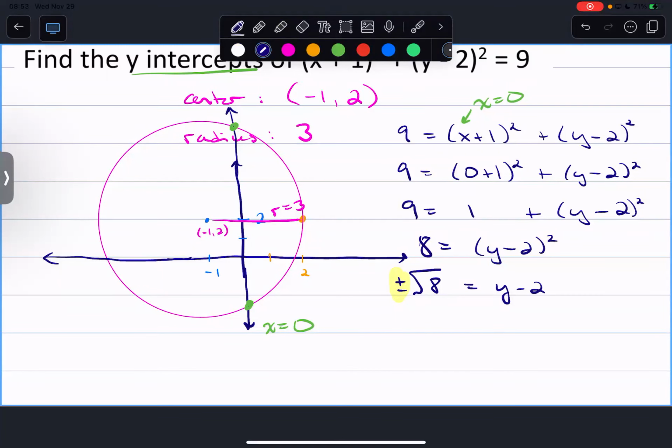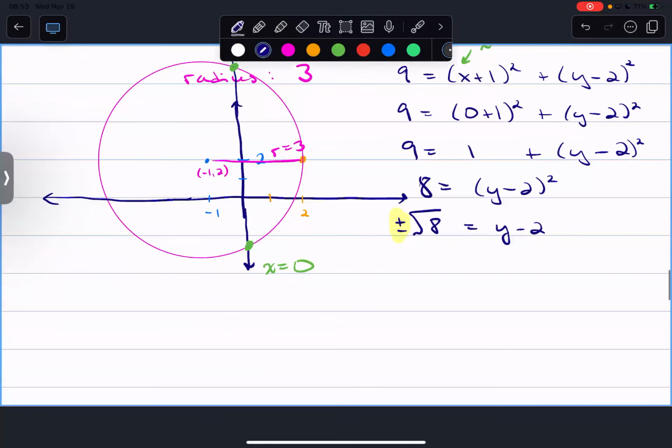I'll stop highlighting it at some point, but it is important. And I think the reason I harp on it so much is because I forget it all the time. When I take the square root, usually the negative option doesn't apply anyways. And so I get really sloppy and only consider the positive option. It's for me to remember as well.